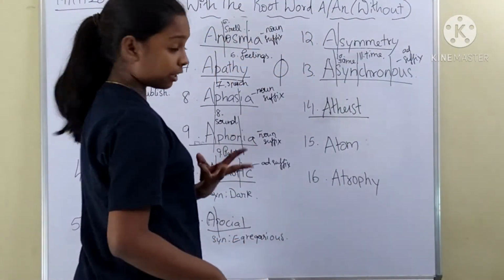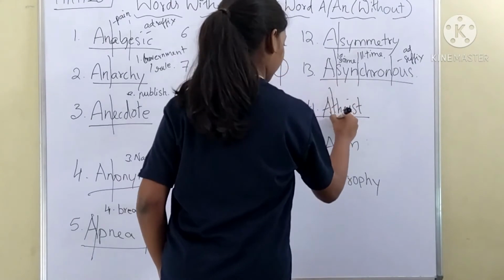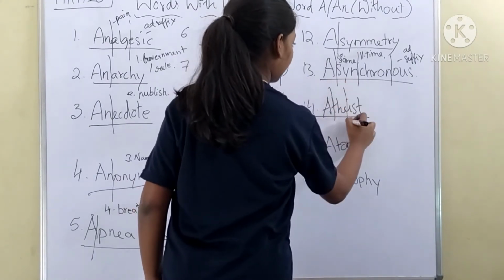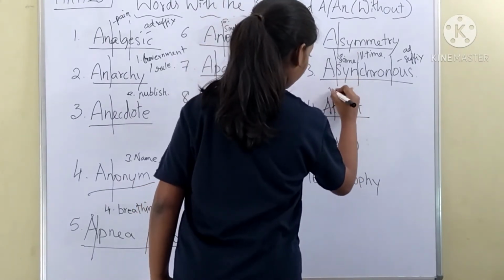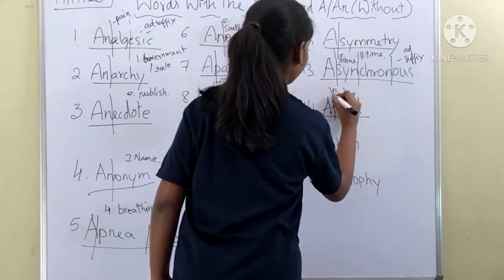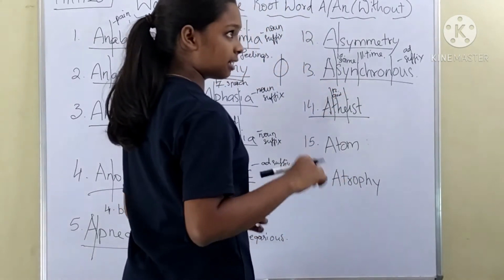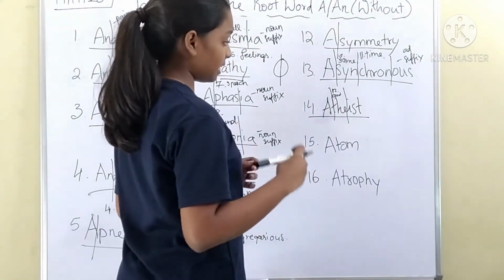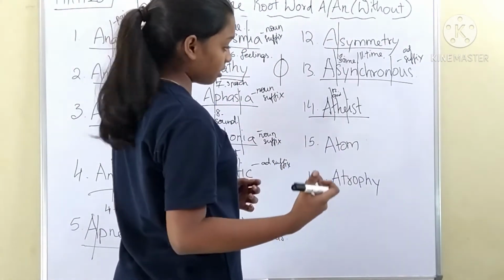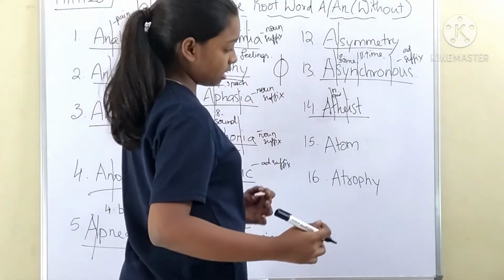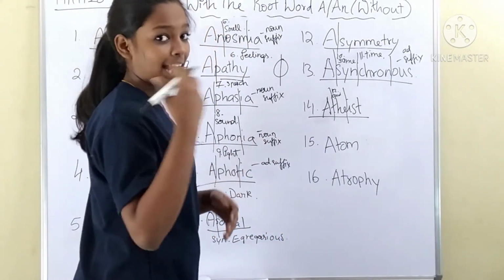The next word for today is atheist. Atheist has three root words in it. A means without, the. The is the 12th new root word, which means God. And ist is a suffix added to a person. So you have seen scientist.